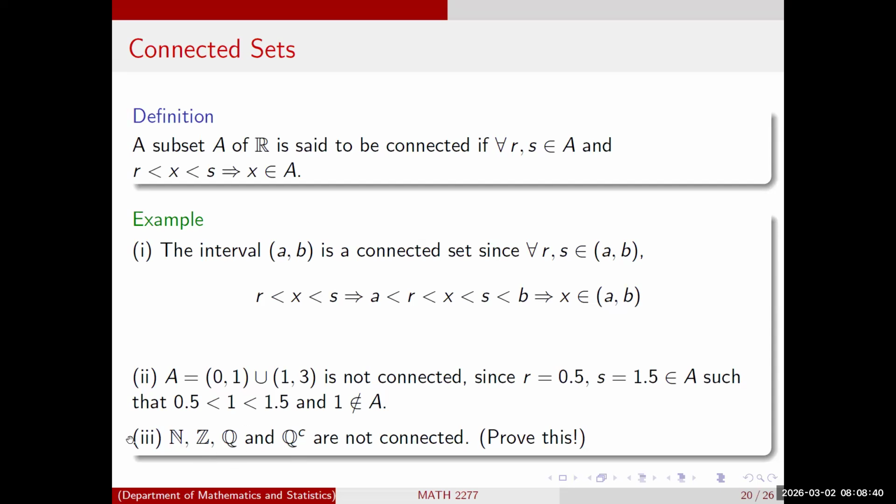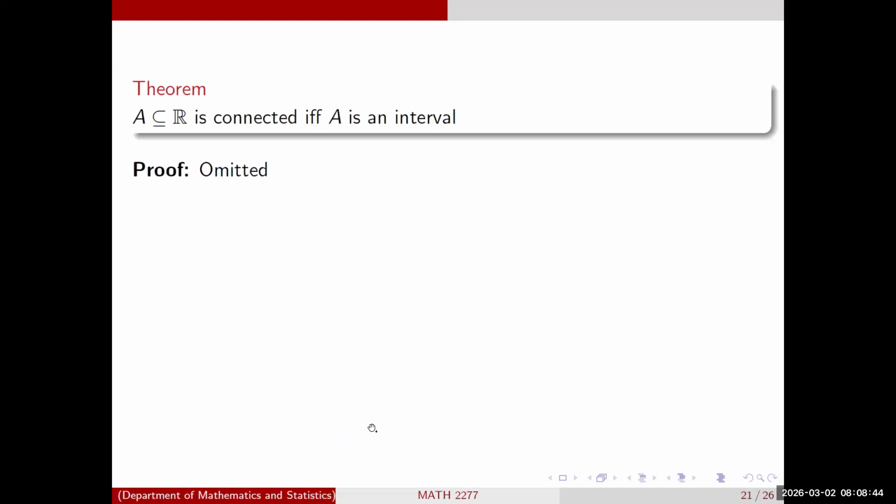So it's very easy to find for these four sets. These are not connected. In fact, we have a very nice classification of precisely what the connected sets are if you are in the real numbers. And that is given by this theorem.